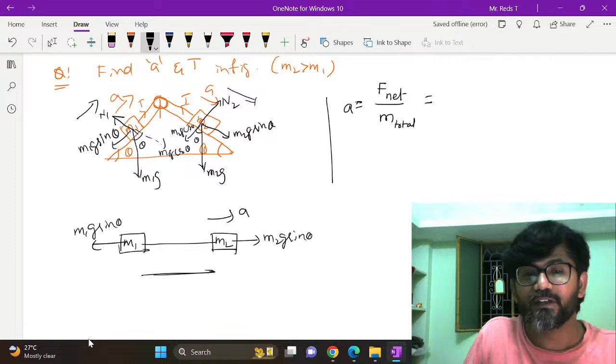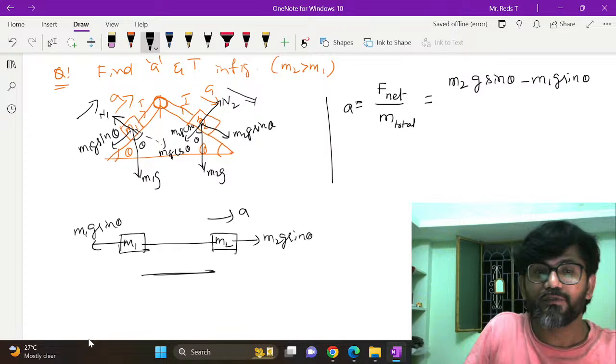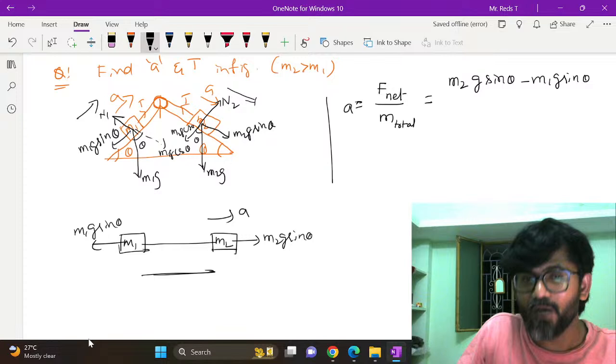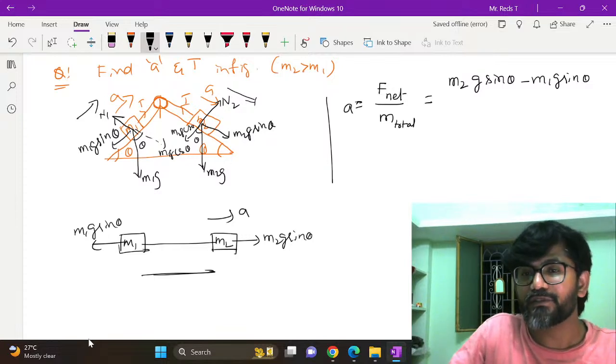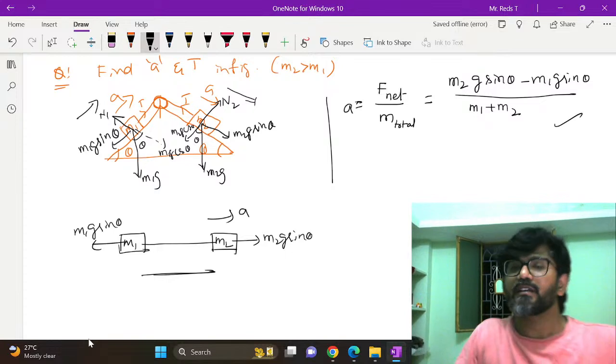The difference between these two forces will be the net force, that is M2G sin theta minus M1G sin theta. If both angles theta are the same, then sin theta can be taken out. Otherwise, if this is theta 1 and this is theta 2, then you have to take M2G sin theta 2 and M1G sin theta 1, like that. That will be the total acceleration.